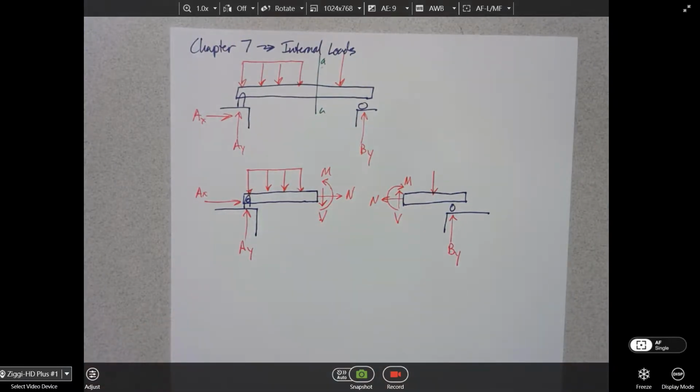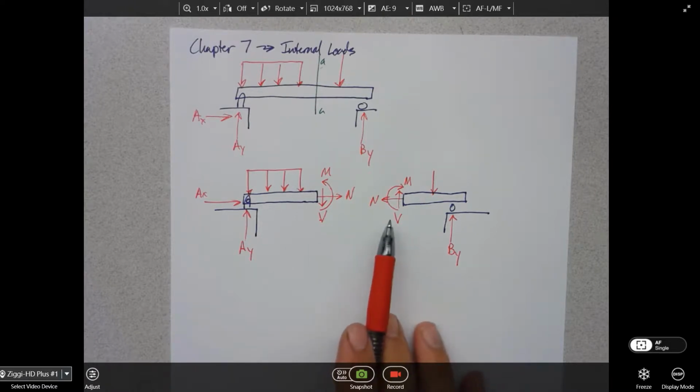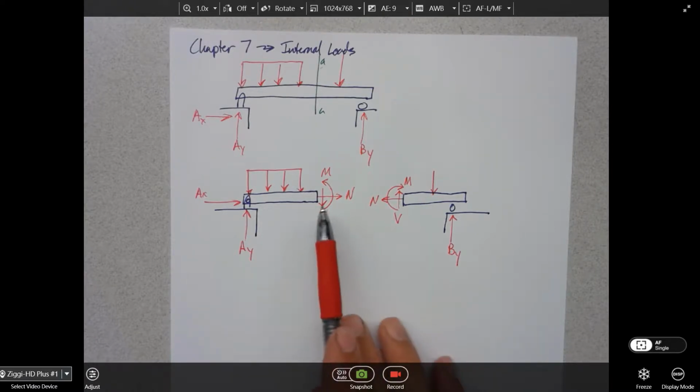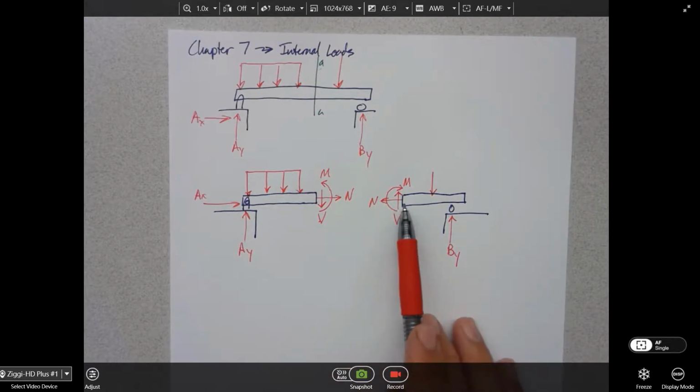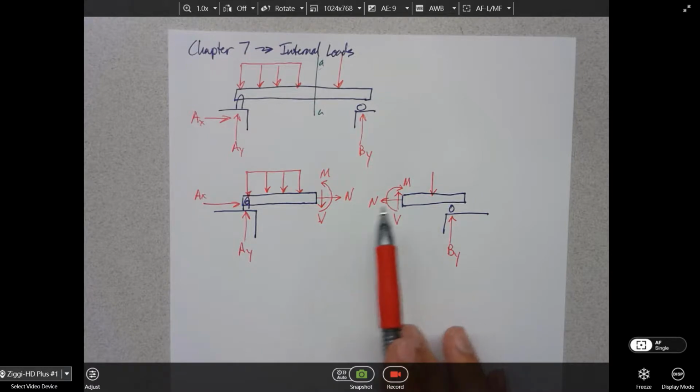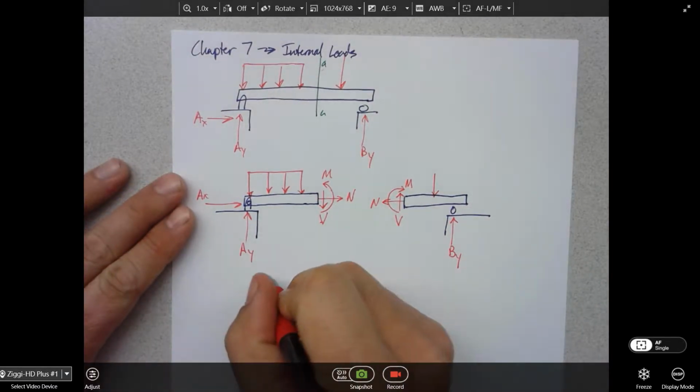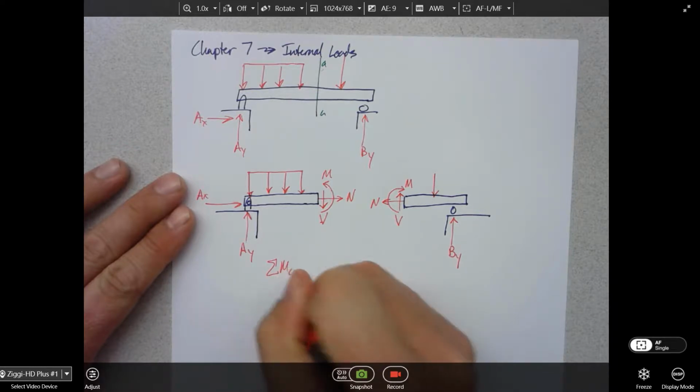All right? Now I've still drawn all of these with their positive sense. But you say, wait a second, Andy, you've told me that counterclockwise is positive for a moment, and over here you've drawn a moment that's clockwise and you're calling that positive. Yeah, I am. Okay? So this isn't the same thing as the sign convention of when we actually say, hey, let's sum the moments about the cut.